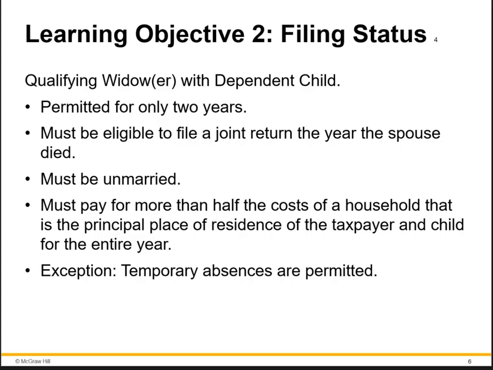So, but in 2025, okay, then I would be unmarried, right, in 2025 because my spouse has passed away. So I'm no longer married legally. All right. I would be single unless I qualify with the next one, okay, for 2025.